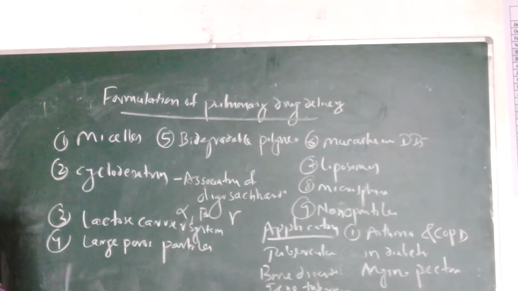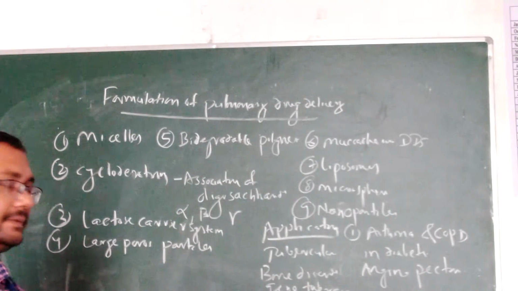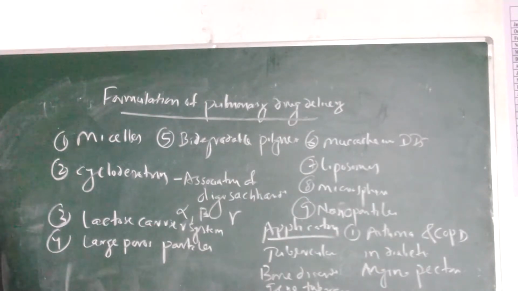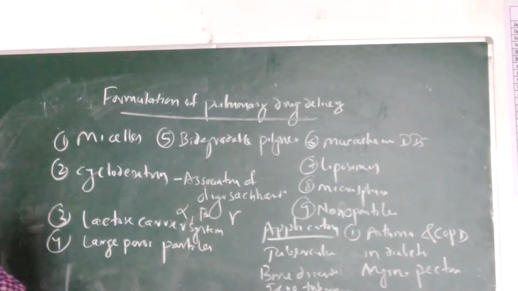We deliver various types of drugs through this, and different types of dry powders are used, which are prepared by freeze drying or spray drying technique, along with different types of lipids and polymers as excipients. With this, we need to take different methods to formulate this type of drug delivery system.